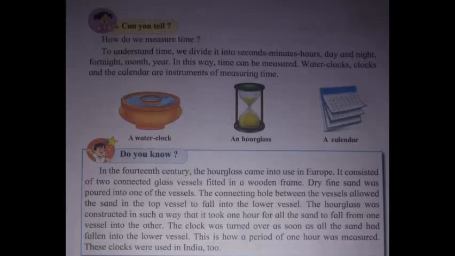Children, what do you mean by fortnight? Very good. 15 days in a month make a fortnight. In this way, time can be measured. Water clocks, clocks and the calendar are instruments of measuring time.